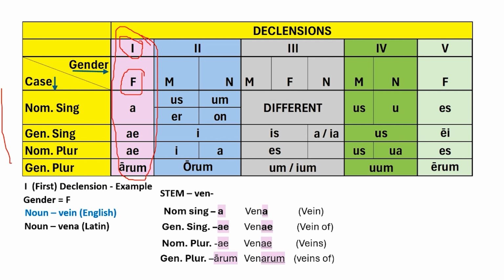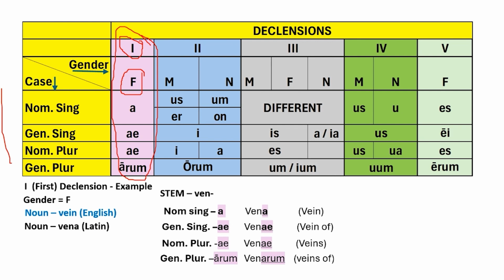Even though they end in A, they are masculine, for example poeta. But we do not need to worry much about this because it is more spoken than linguistic, and it's not very helpful for anatomical terminologies. They are used for professions, when you want to talk about the profession of someone.